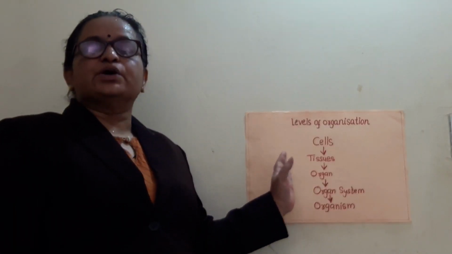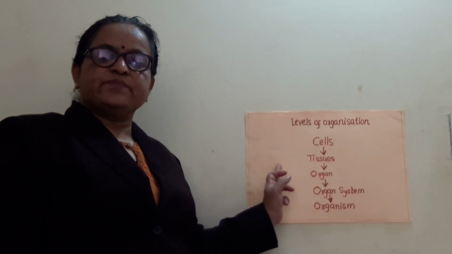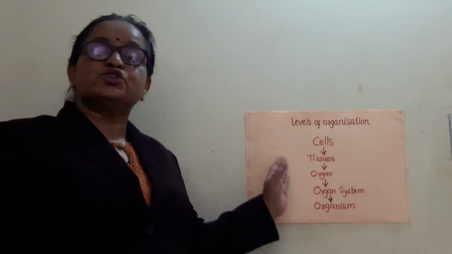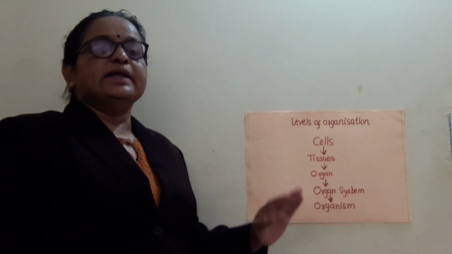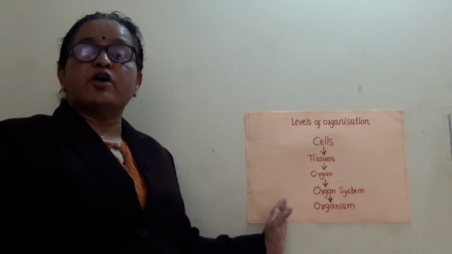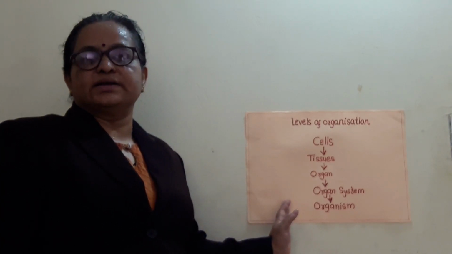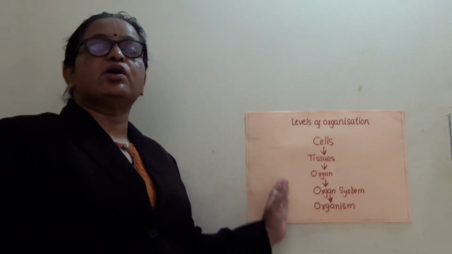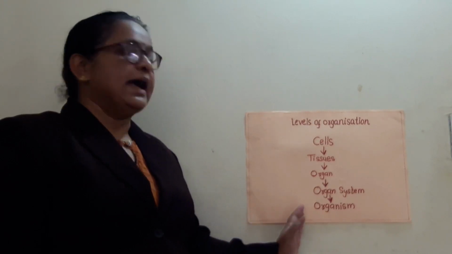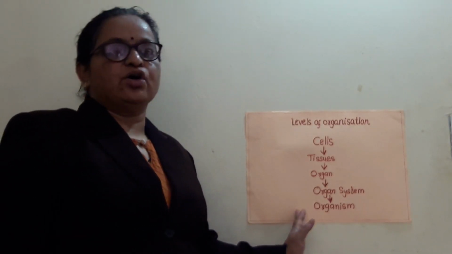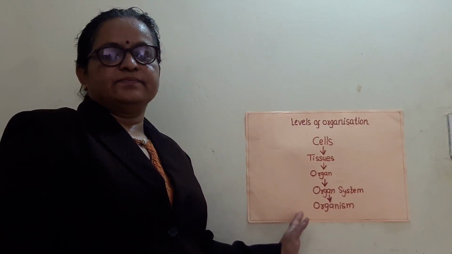Then tissues, the group of cells, is called tissue. Then a group of tissues is called an organ. Then a group of organs performing a specific function is called an organ system, and many organ systems come together and make the proper functioning of the organism.